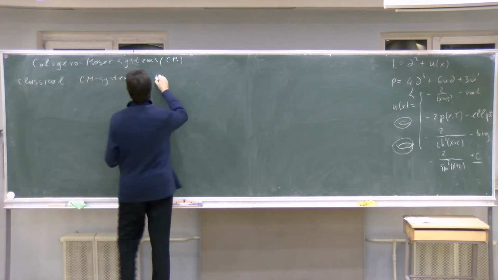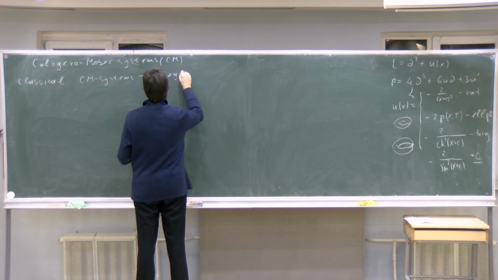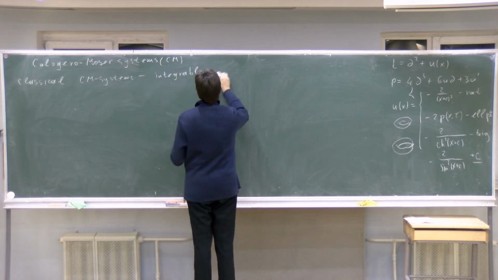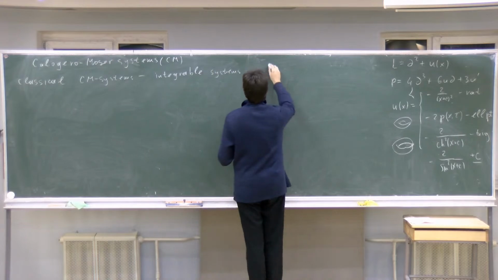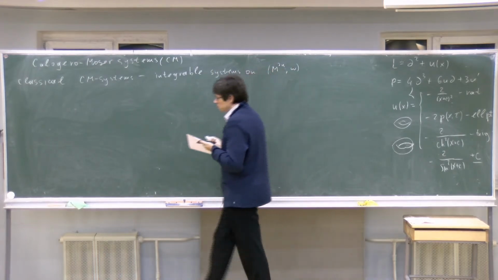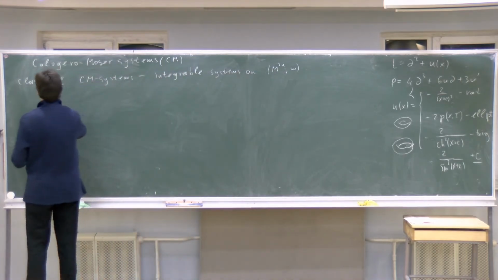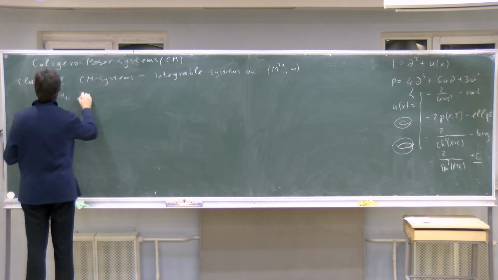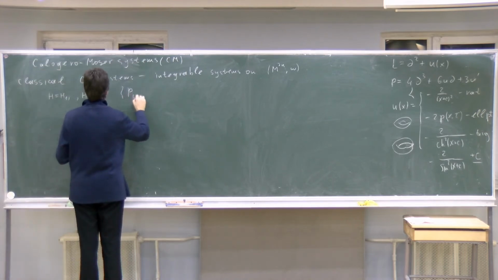These are just integrable systems in the classical sense on a certain symplectic manifold. Well, and by this we mean the usual sequence of Hamiltonians which Poisson commute.